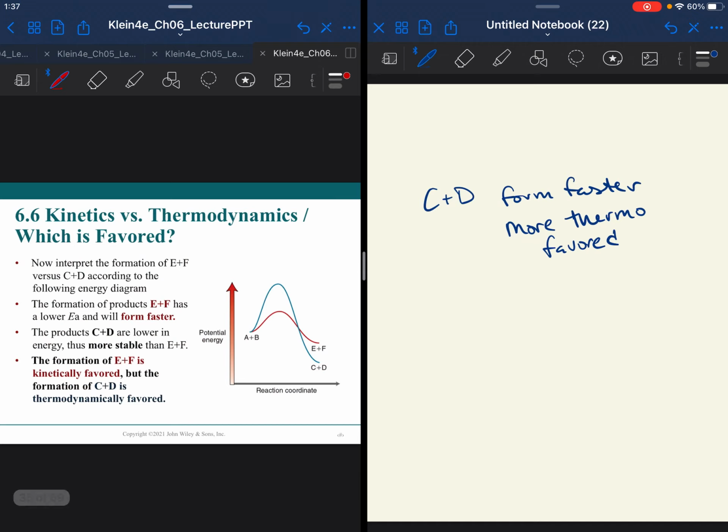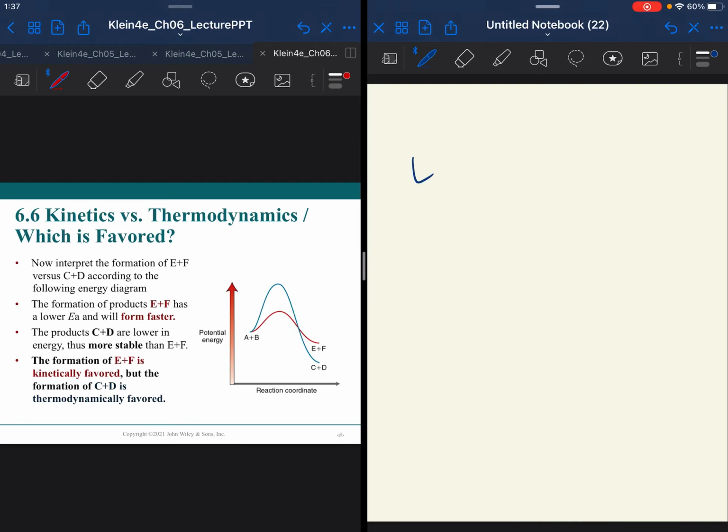That's not always the case. Sometimes you get graphs that cross like this. And in this case, right, E and F form faster, because you have that lower activation energy here, but C and D are more stable. So it's very interesting.